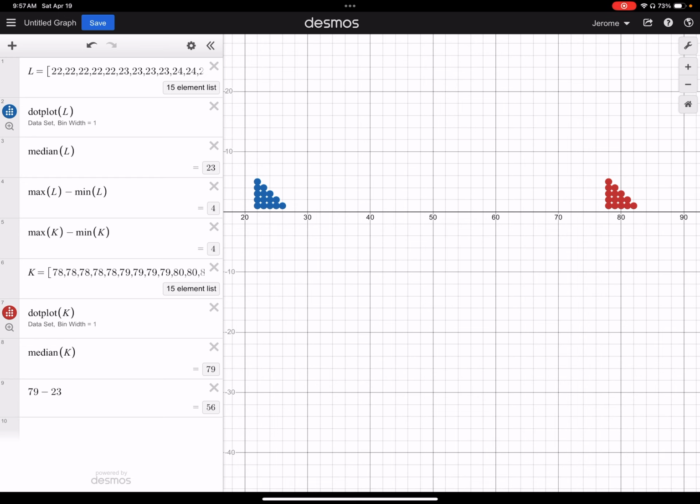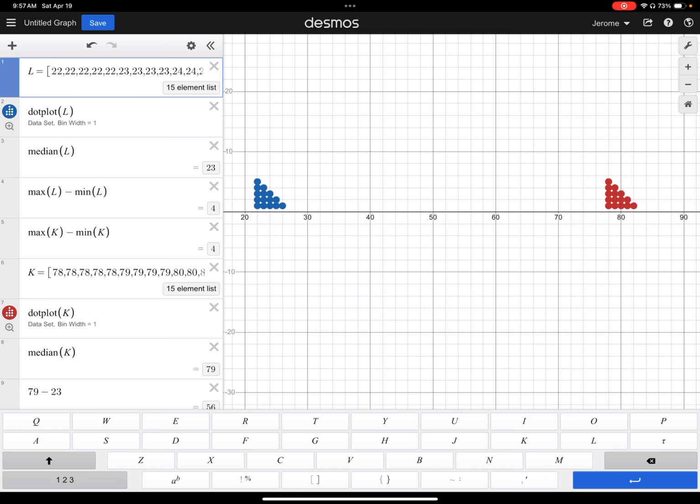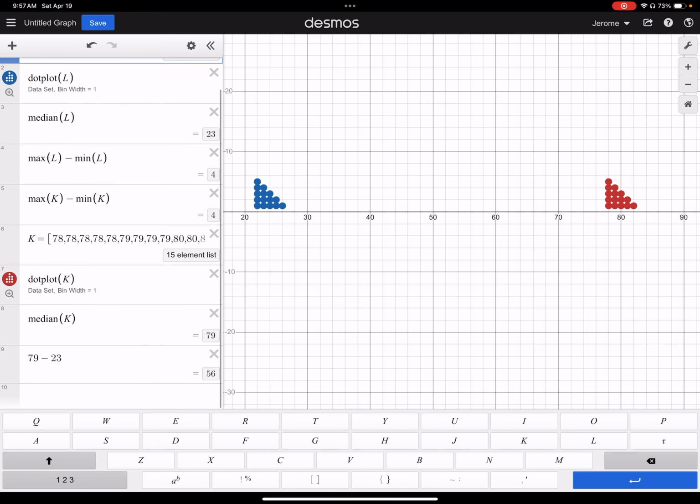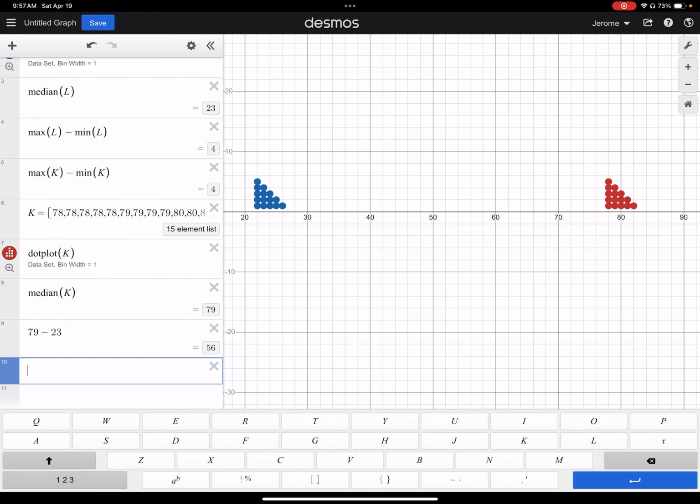Remember, mean would take all the numbers, for example all of the numbers in set L here, add them all up, and in this case, divide by 15. So the question could be changed to: how does that affect your average? Does it also increase or does it stay the same? So put your guesses down in the comment section.